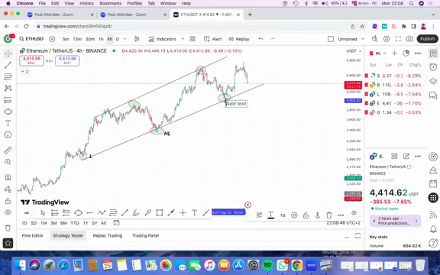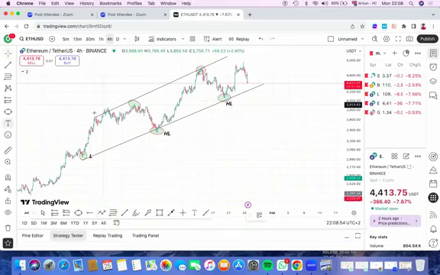And here also will be a higher low. And this is a higher high. This is our high. And this high here is higher than this high. This is our higher high.